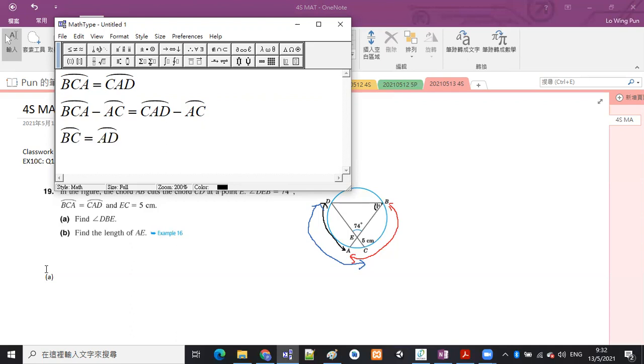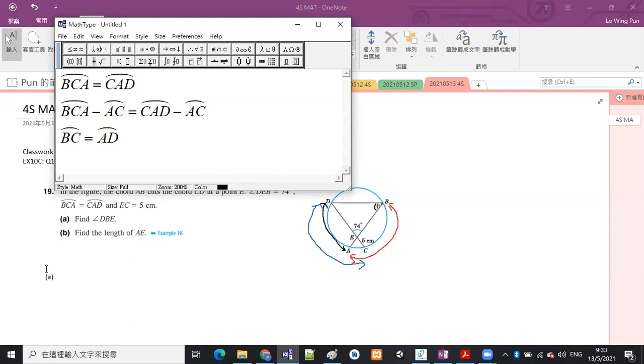Okay. So we have arc BC equals arc AD, and normally we will transfer the equal arcs to the equal angles. So the angle looking at arc BC will be angle BDC, right? And the angle looking at arc AD will be ABD.